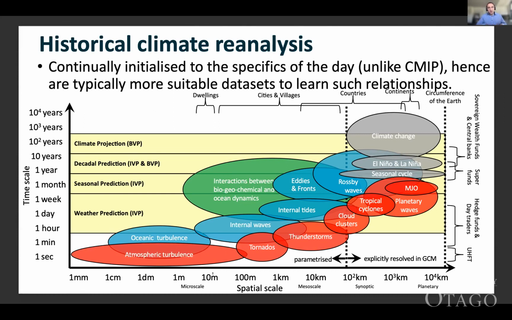You can statistically downscale or dynamically downscale these data sets. Statistical downscaling is computationally cheaper, but arguably less informative than dynamic downscaling. Dynamically downscaling essentially means running another model in a local area with finer resolution.